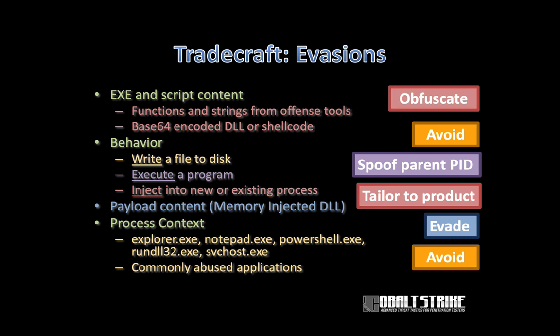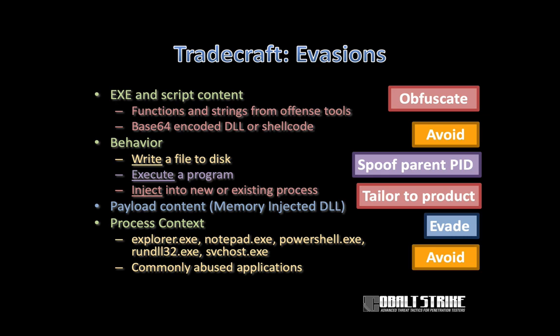If your initial access artifact is associated with a commonly abused application, for example, you are in a Microsoft Office application, you are in Internet Explorer, or mshta.exe, be aware that your behaviors, your write, execute, or inject, will get higher scrutiny from these contexts, and you will need to adjust.